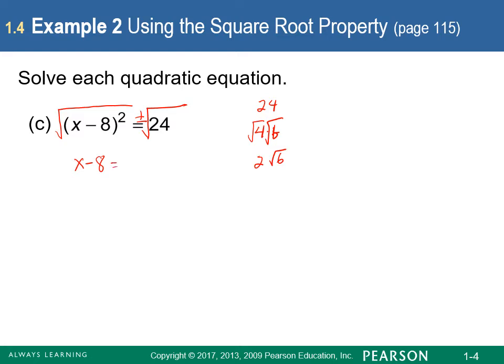So this would be plus or minus 2 square root 6. Now we get the x by itself by adding 8 to both sides. Now be careful on the adding here. The 2 square root of 6 cannot be changed, and we have 8 added to that, which comes out looking like this: 8 plus or minus 2 square root of 6.